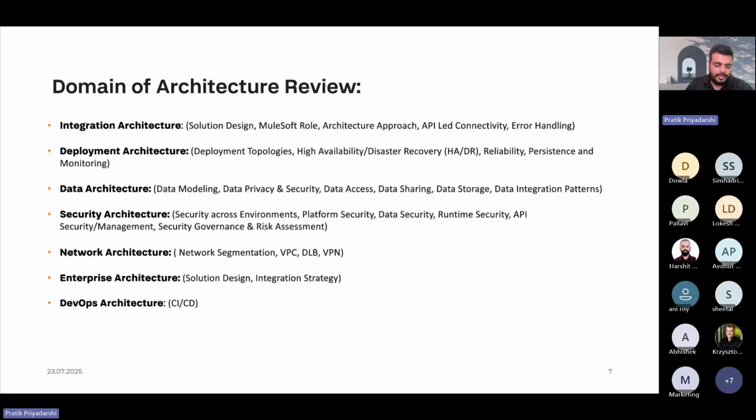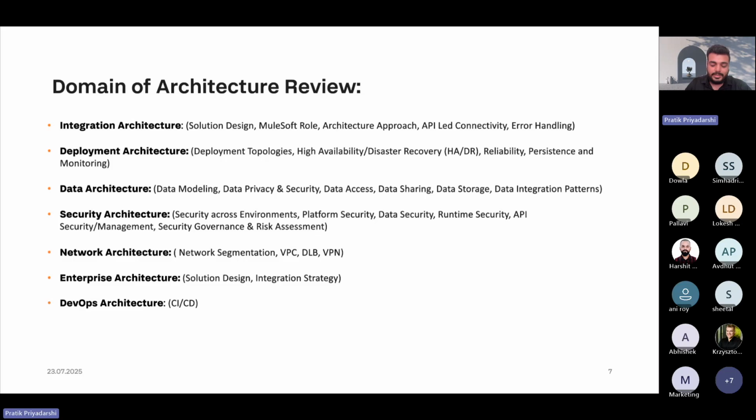So integration architecture, what is it? It's the heartbeat of your connectivity strategy. We examine how your APIs are designed, how MuleSoft fits into the broader solution, and whether your architecture follows the API-led connectivity model. If it is already following the API-led connectivity model, is your API-led model really secure? Or is there some internal flaw which is quietly exposed?